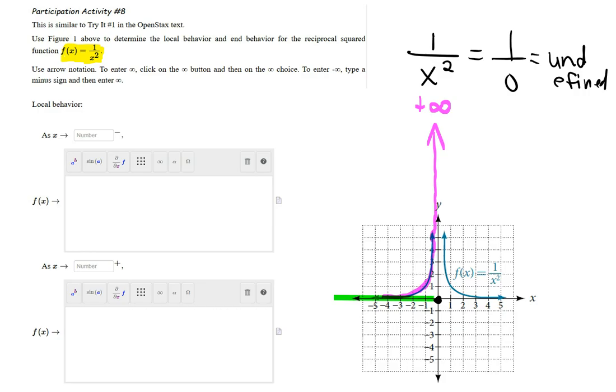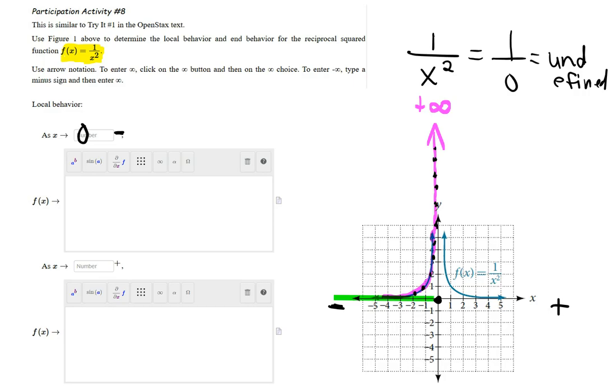So when they say as x approaches 0 from the negative side, we're approaching it from the negative side. Our x gets closer and closer to 0, but the y-coordinate of every one of these points gets closer and closer to infinity.